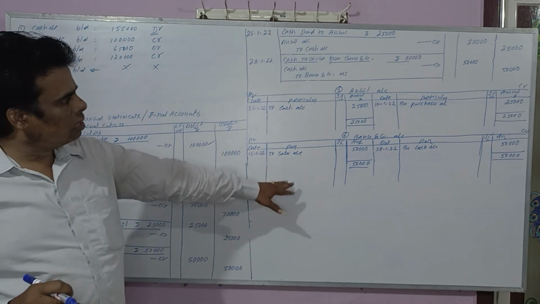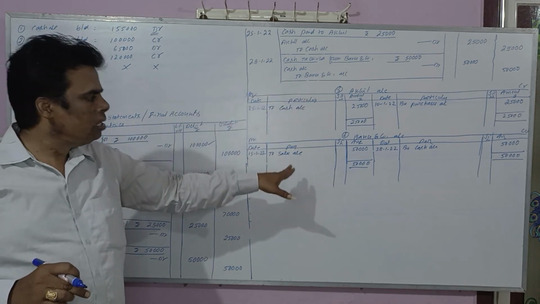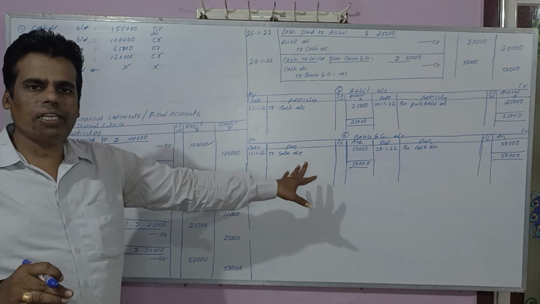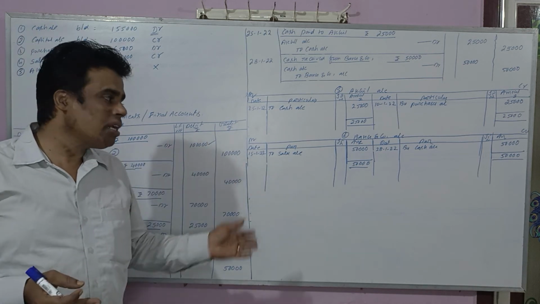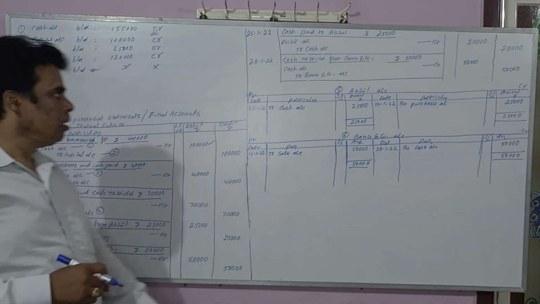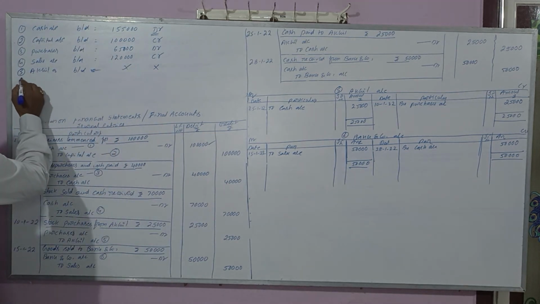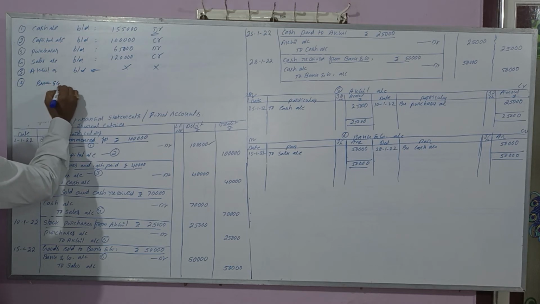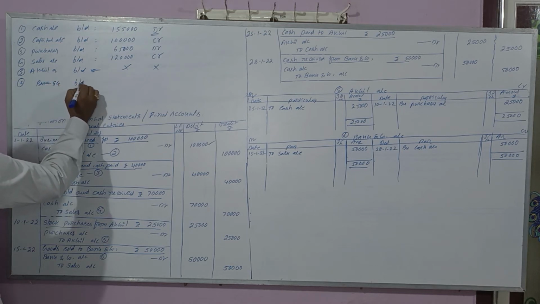But in this account, same as Akil account, there is no difference. That's why this account is tallied. There is no need to write carried down and brought down. Then sixth account is completed. The name is Bonu and Co account. Then brought down: there is no brought down.